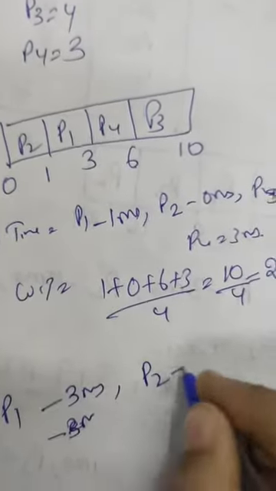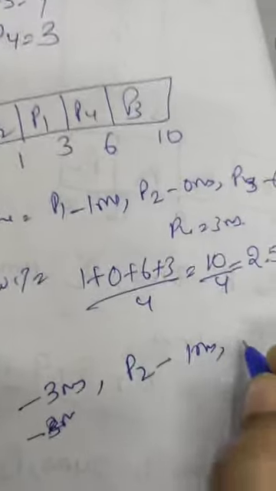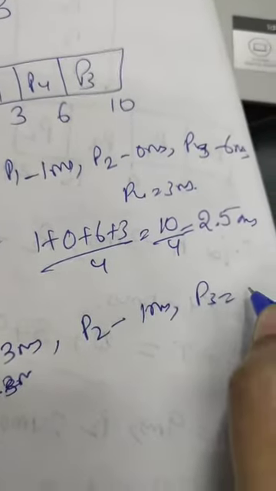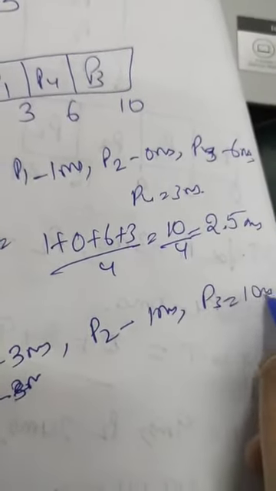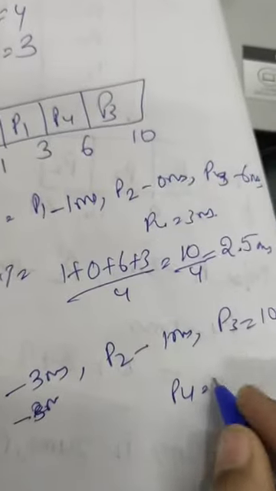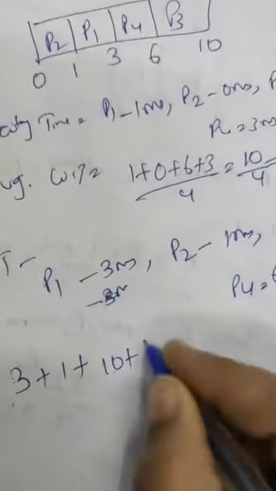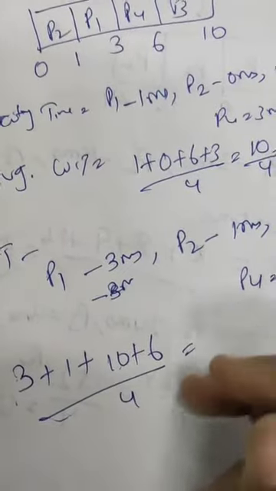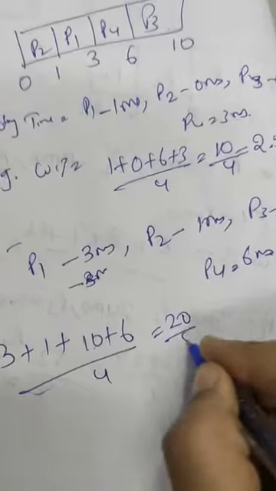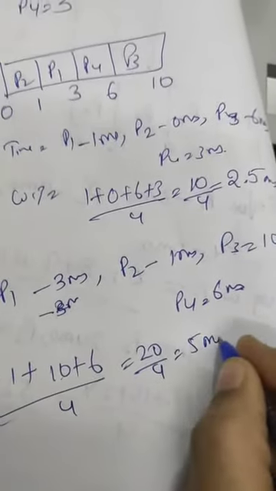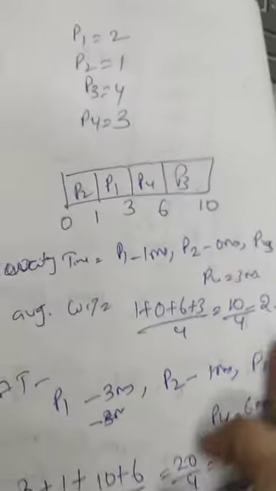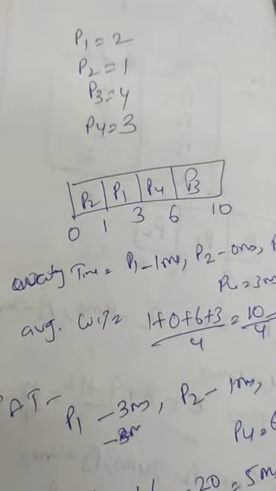For P2 the turnaround is 1 millisecond, for P3 it is 10 milliseconds, and for P4 it is 6 milliseconds. Now the average: 3 plus 1 plus 10 plus 6 by 4, that is 20 by 4, which is 5 milliseconds. This is the calculation of shortest job first.